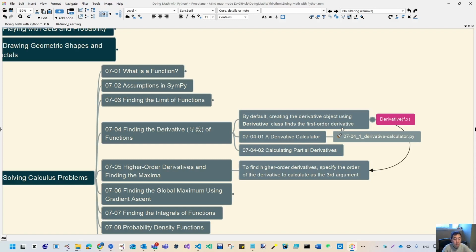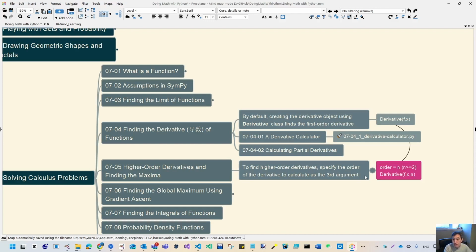But in calculus we learn we can have a second order derivative, third order, and more, the higher orders. So we put the order as n, which we want to be 2 or more. We still use this SymPy derivative function, but now we give f, give x, and give this n.